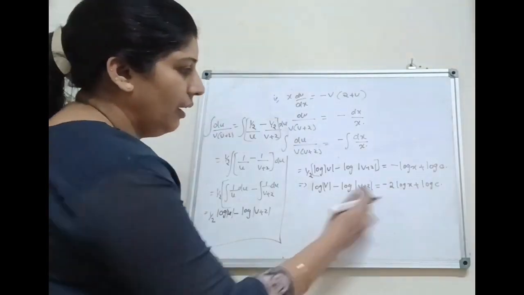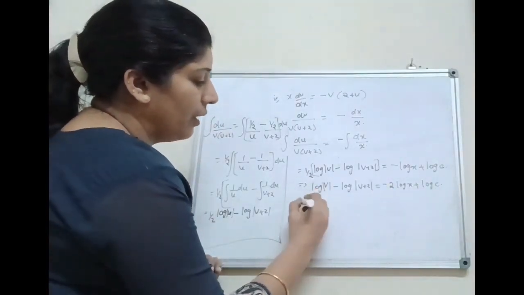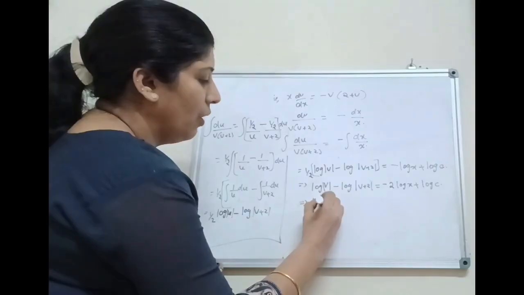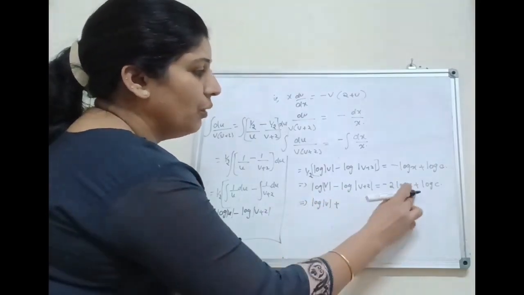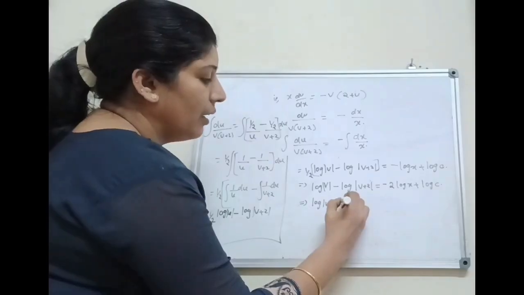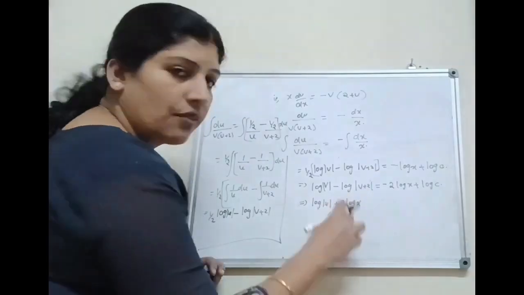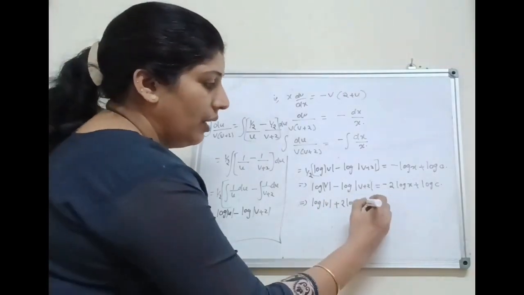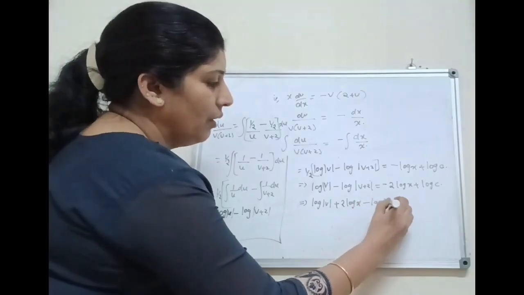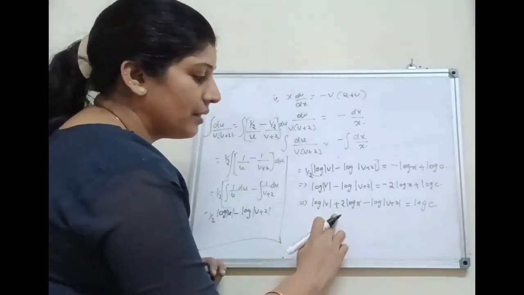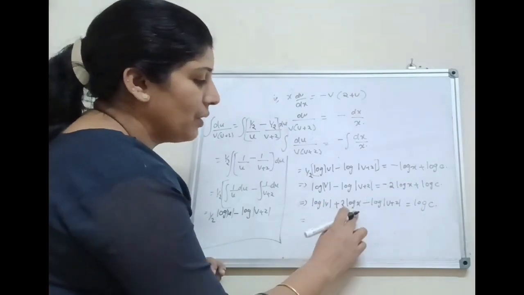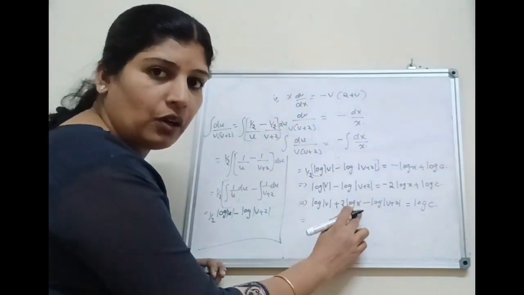Now, taking this side, plus 2 log x, and 2 log x can be written as log x square. Next, log c, that is minus 2 log x taken to this side.